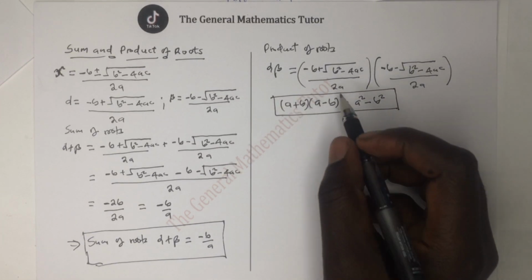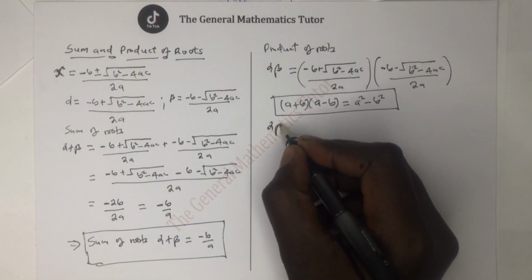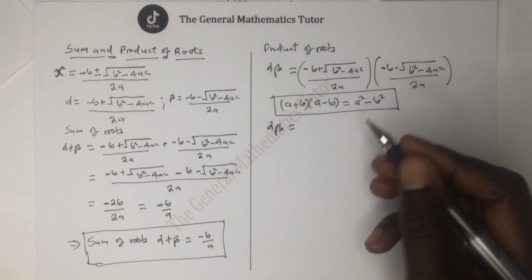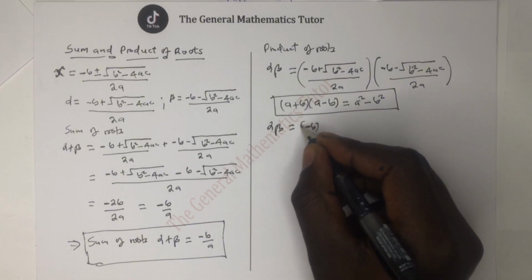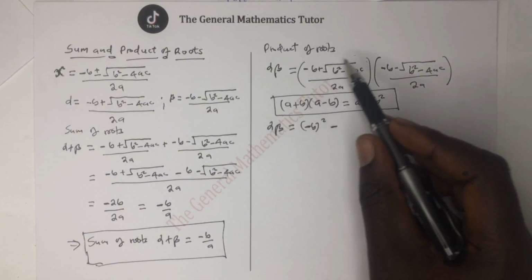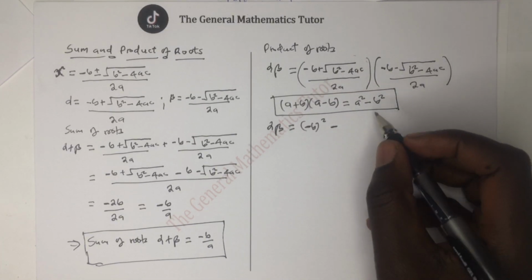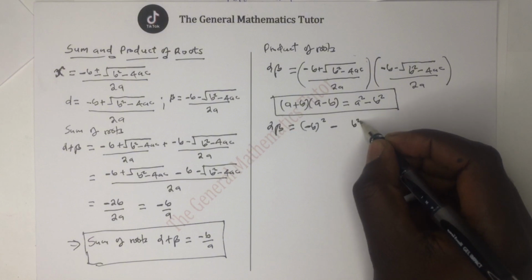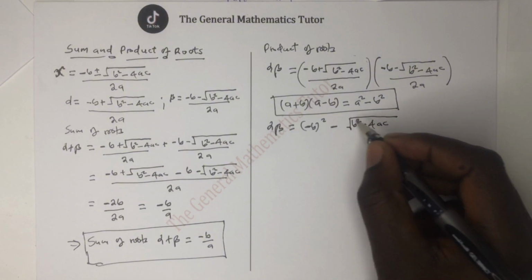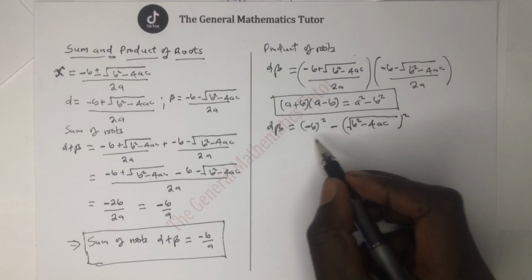So it means alpha beta will be a squared minus b squared. Here a is minus b, so we have minus b squared, minus the radical, b squared minus 4ac under the root sign, squared.